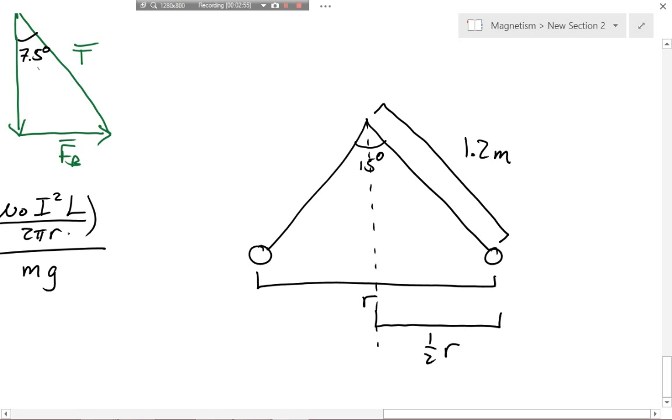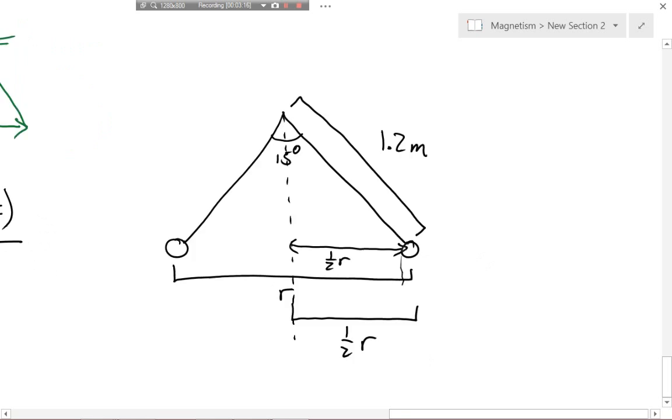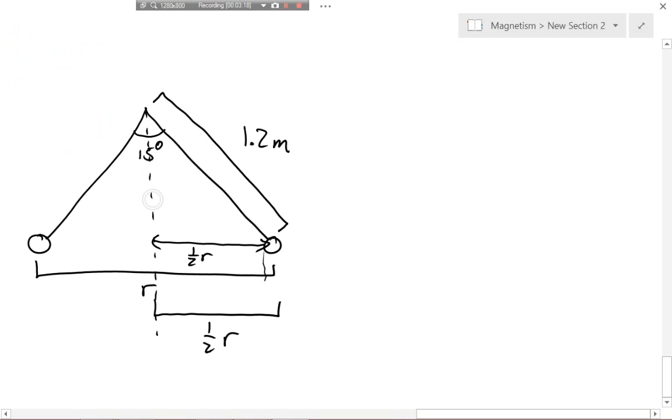So right away, I can see that we have this triangle that we're forming right here. This length right here is r/2, or 1/2 r. This length right here is going to be 1.2 meters. So I can calculate this by using the sine of the angle 7.5 degrees. Let me go ahead and just redraw this triangle.